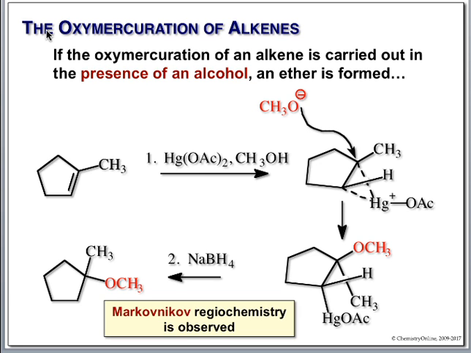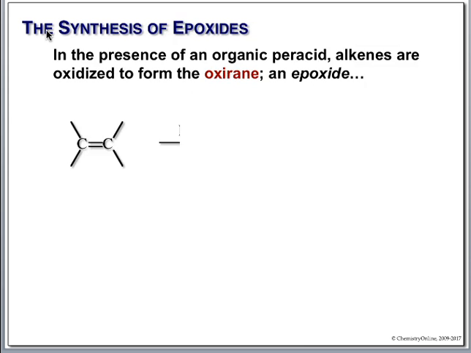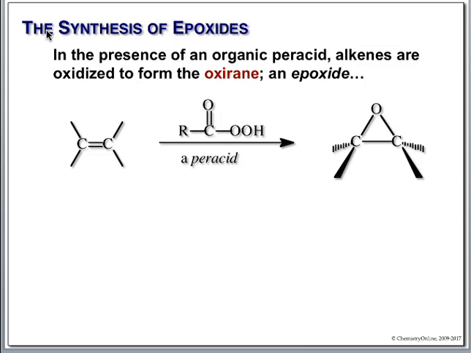All right, the most interesting of all the ethers, I suppose, is the epoxide. Now we saw that with ethylene oxide in one of our first slides. If you take an alkene in the presence of a peracid, a peracid basically just has one too many oxygens.